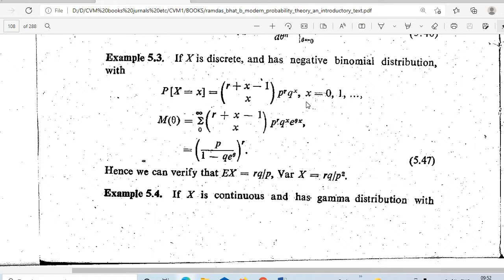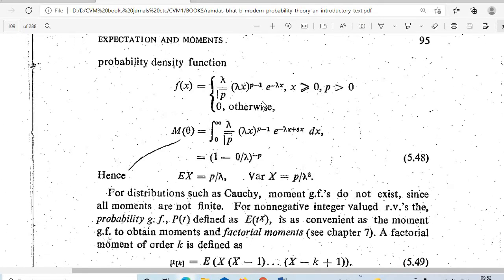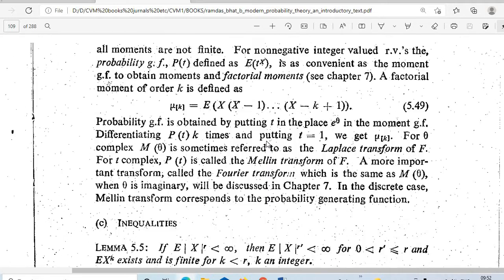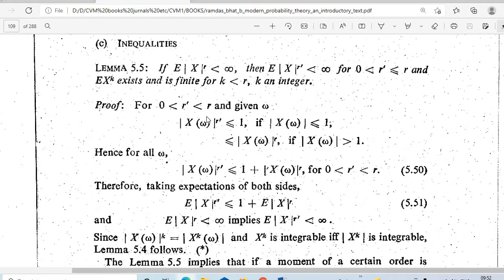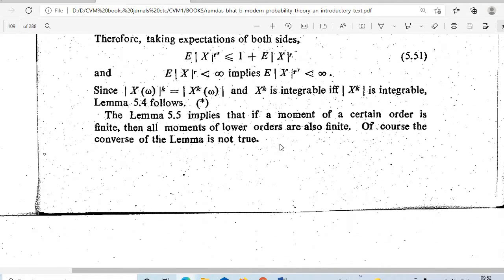Some examples are negative binomial and the continuous gamma distribution. You can take the density of the gamma distribution and find the moment generating function. This is a trivial result you might have studied in distribution theory, so I am not going into those problems. We have also already discussed this lemma, so I am not repeating that.